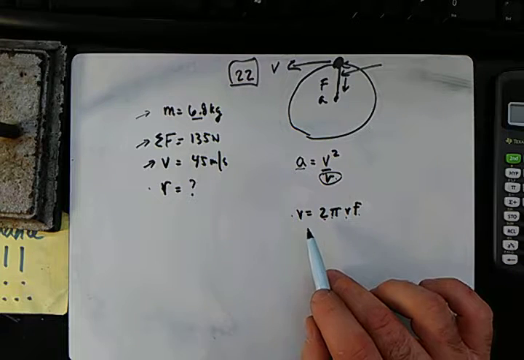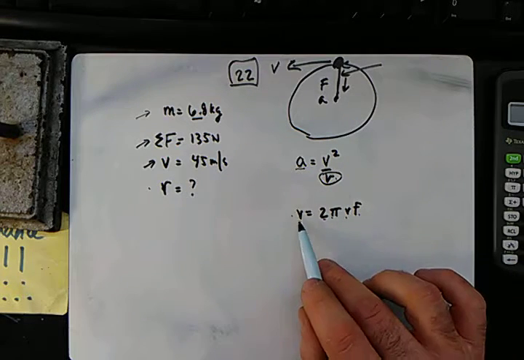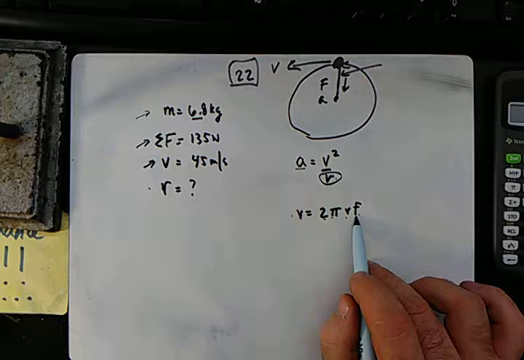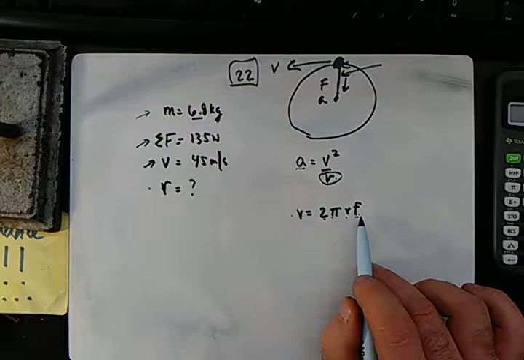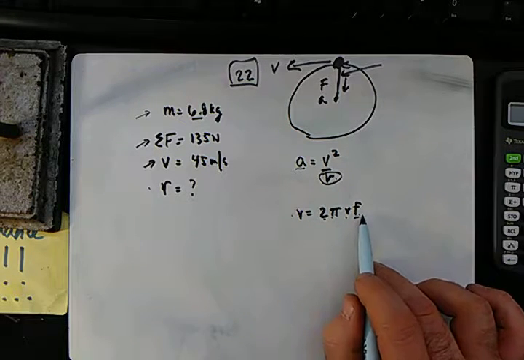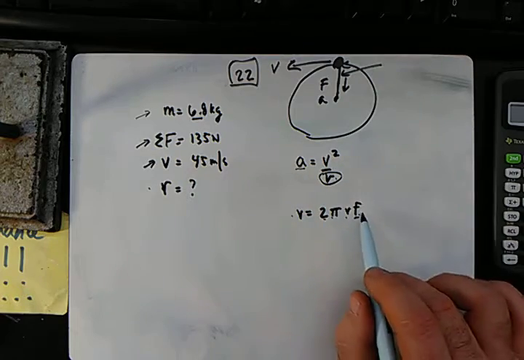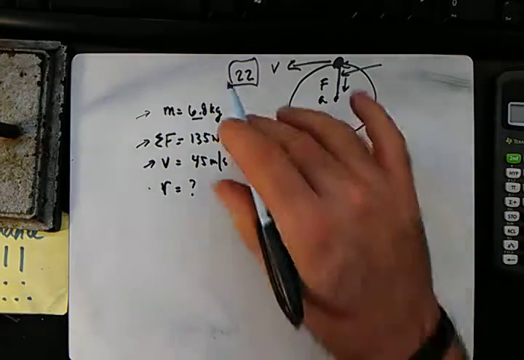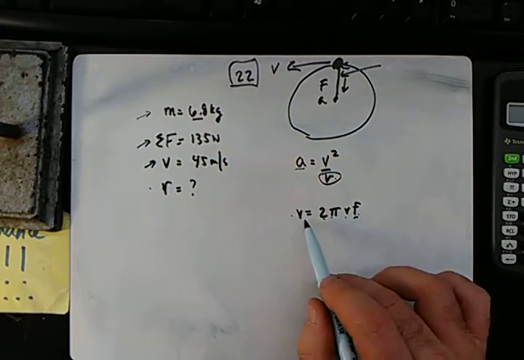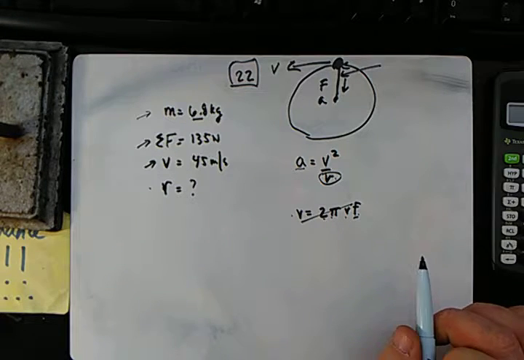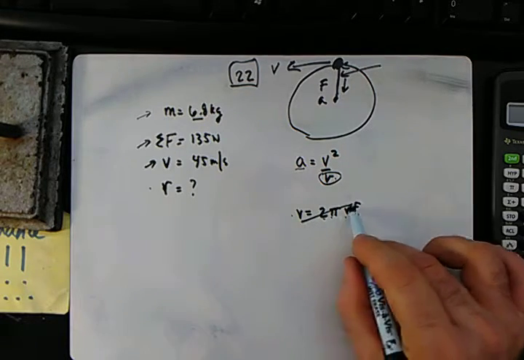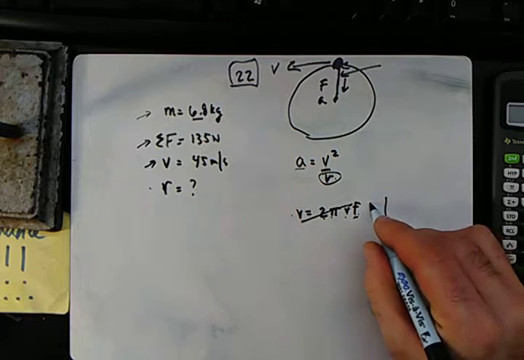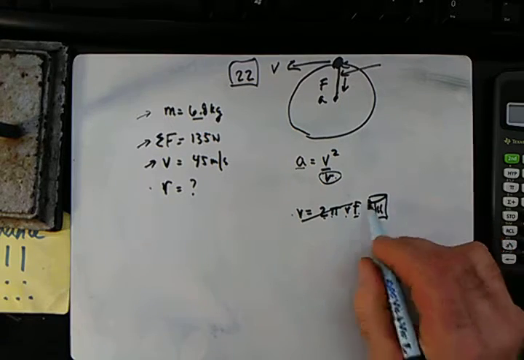Now, if I look at the second formula, I've got a velocity, but I don't have a frequency yet. The frequency or the period of motion is not even discussed in this problem. So we're going to trash that formula. Put that one in the trash can, that goes in the dump.